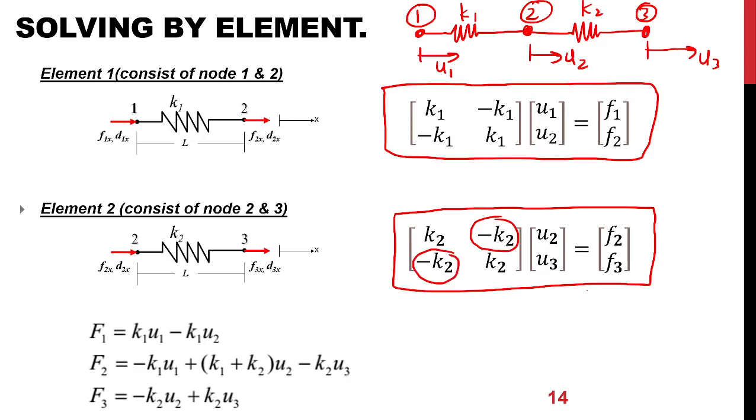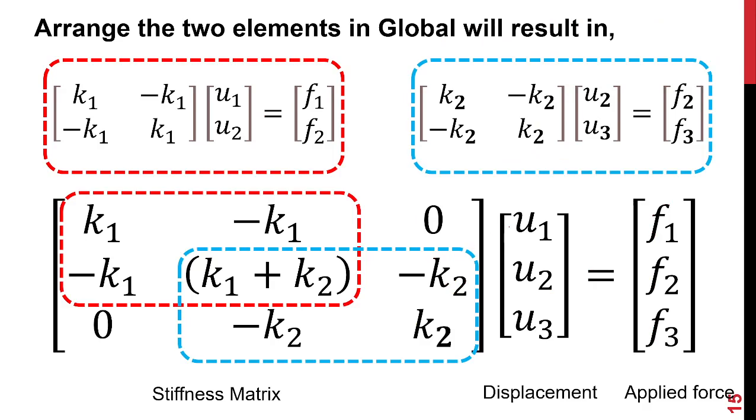Ini F2, F3. Dan kedua-dua equation ni kita combine satu dalam global matrix, global stiffness matrix. Kita akan dapat macam ni lah. K1, negatif K1, negatif K1, K1, tapi dia campur dah dengan K2.